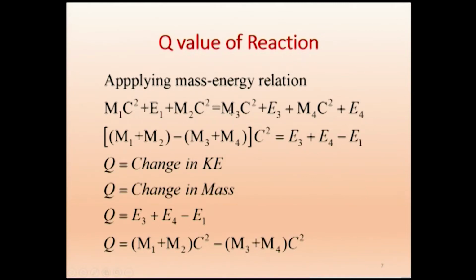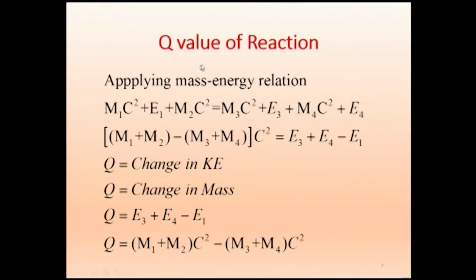After the reaction, we get M3 C squared, that is M3 is the outgoing particle, M3 into C squared is the rest mass energy, plus it will be having kinetic energy which is E3. Similarly, we have M4, the heavy byproduct nucleus, M4 C squared, rest mass energy, and kinetic energy. See, here we take kinetic energy later also, because initially the target is stationary, so we do not get that kinetic energy part, and the incident particle is there.